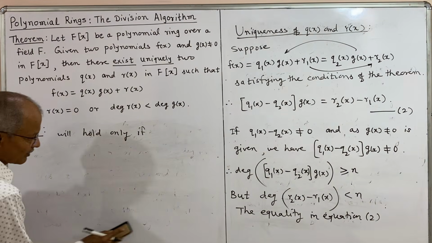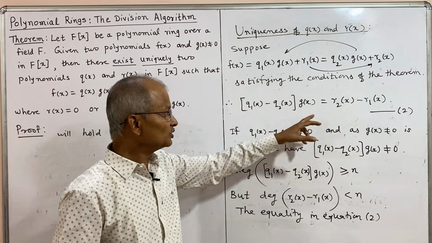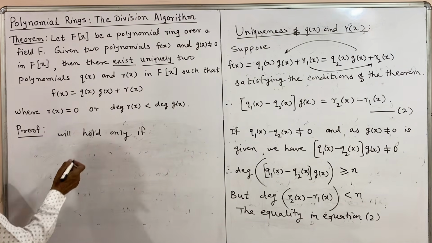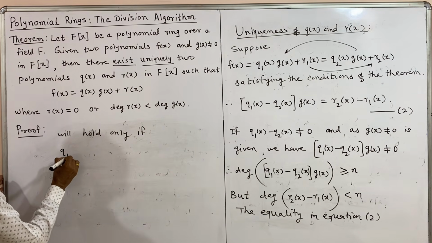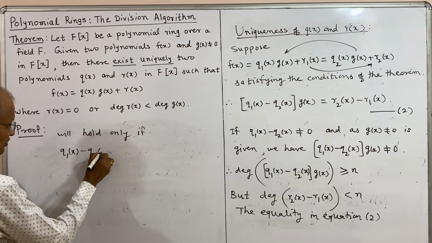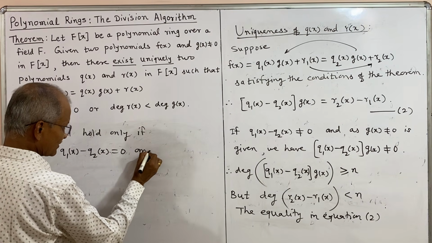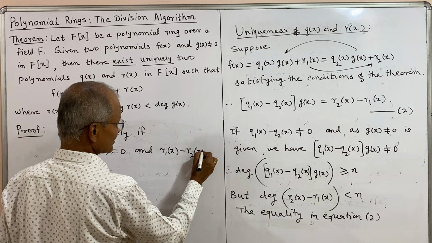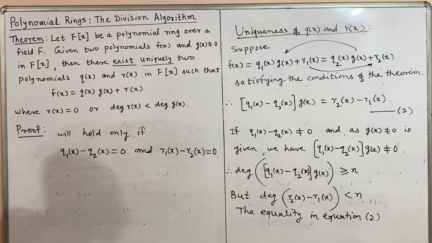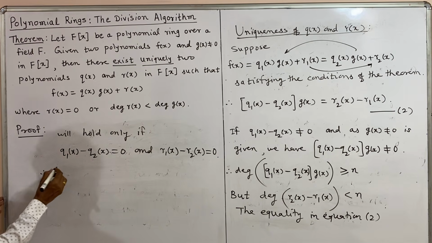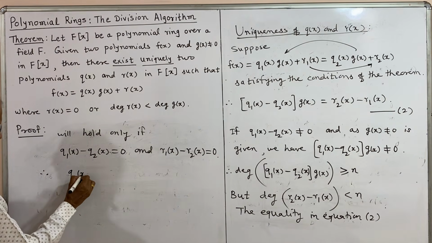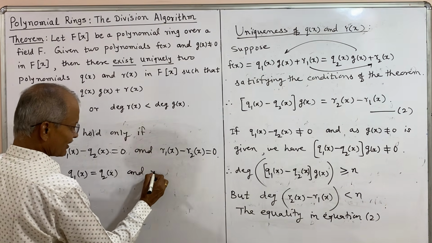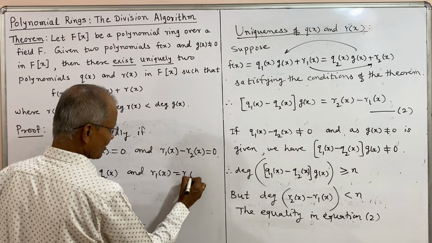But on the left side, this g cannot be 0, and therefore this must be 0. It will hold only if q1 of x minus q2 of x is equal to 0 and r1 of x minus r2 of x is equal to 0. And therefore what we shall get is q1 of x is equal to q2 of x, and r1 of x is equal to r2 of x.